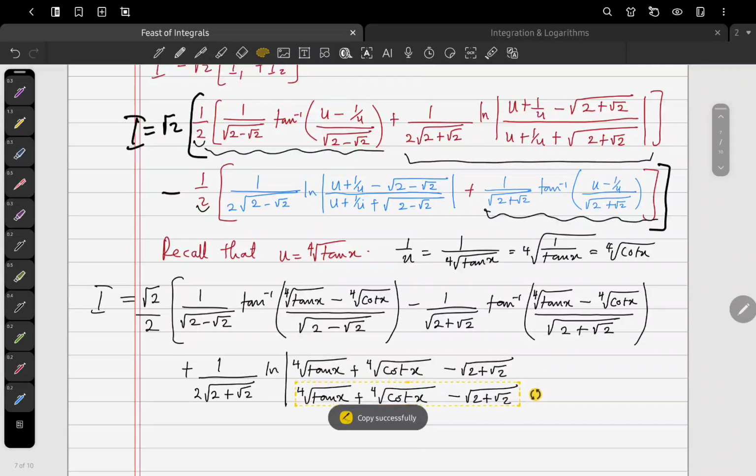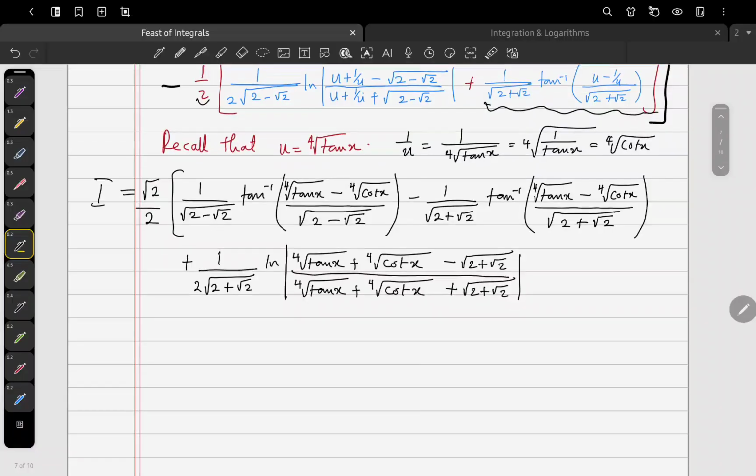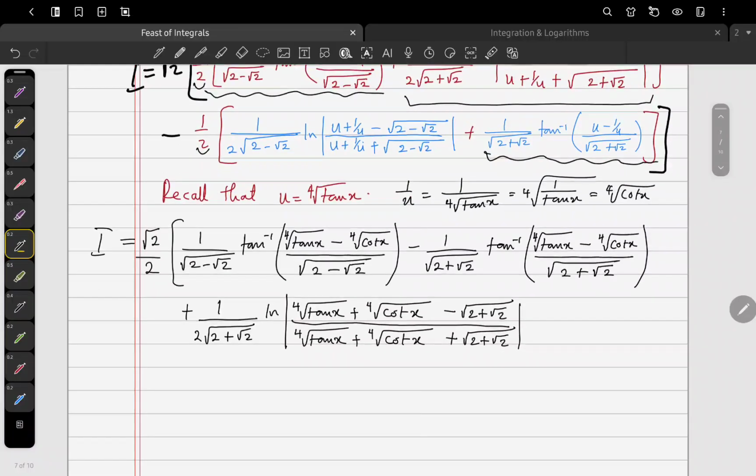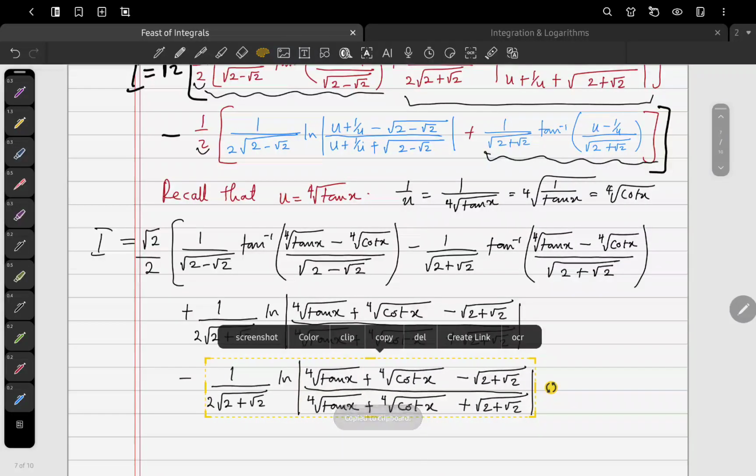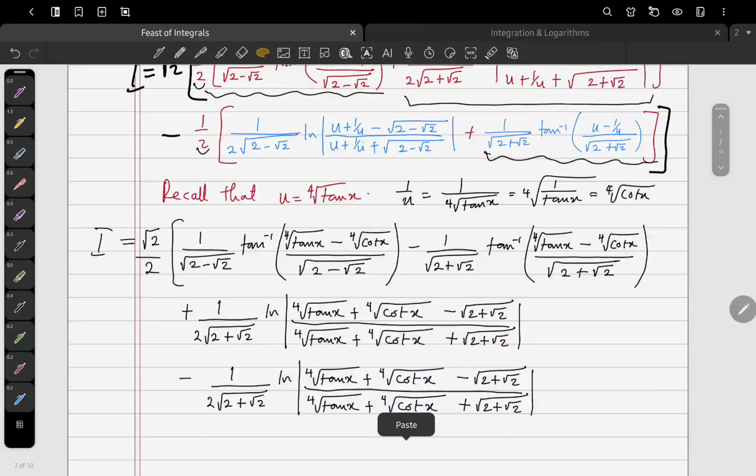Copy, paste. So this will be a plus over, then minus the last term. I can copy and paste. Okay, but what is going to be different?